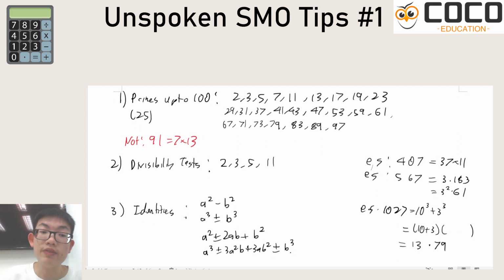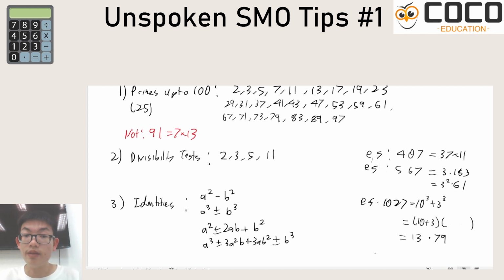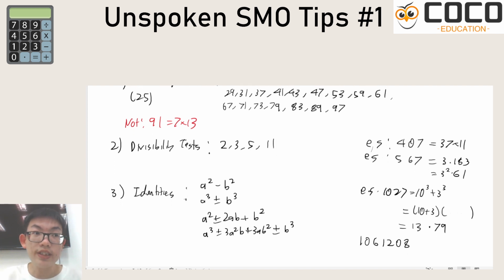Right? So if you get something that looks like that, for example, if you get 1061208 or something like this, it looks very suspicious because this is in the form that tells you that this is actually just 100 plus 2 whole thing cubed.